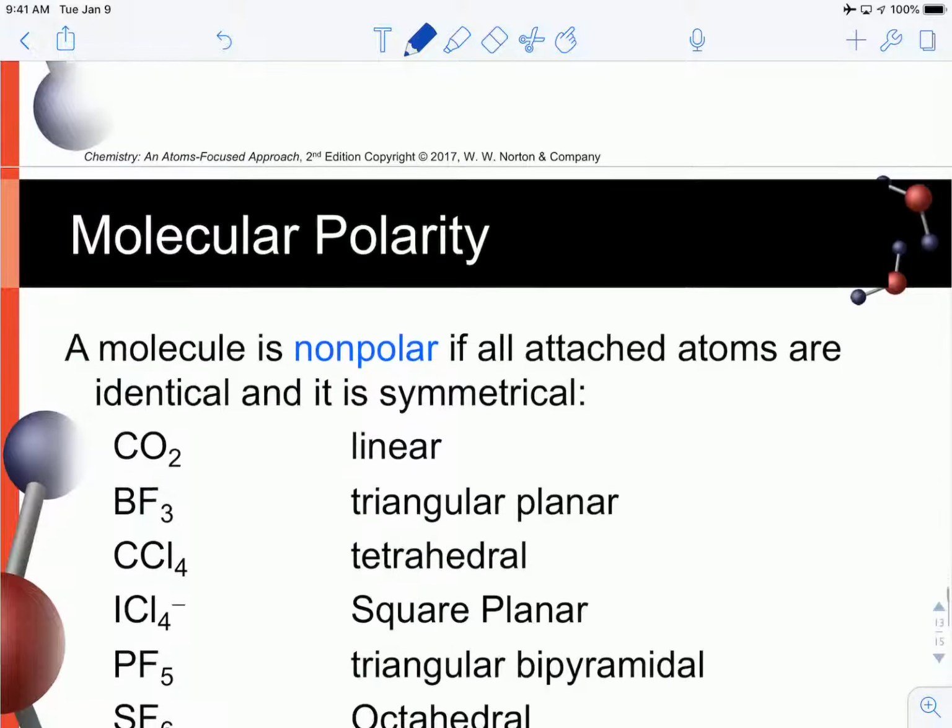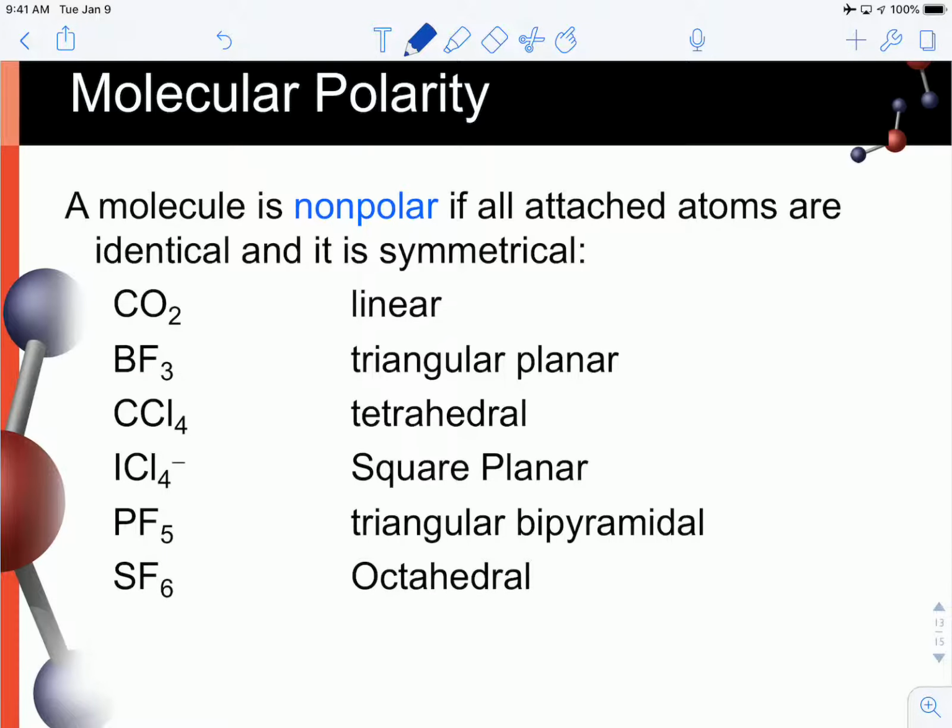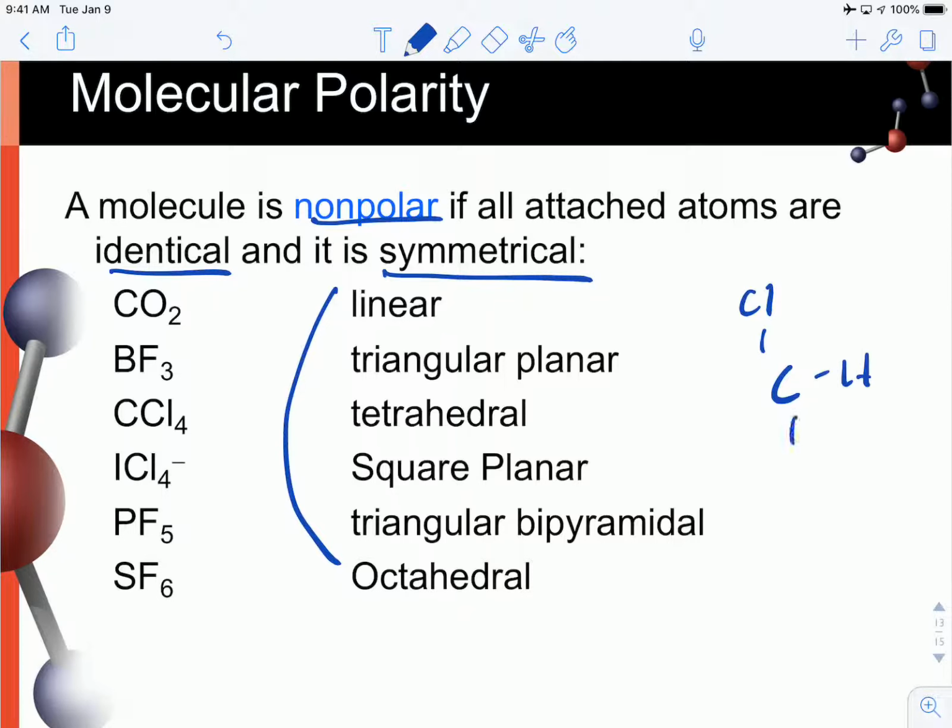And ultimately, I can give you a list of shapes that are symmetrical. So if all the attached atoms are identical and it has one of these shapes, it is nonpolar because these are symmetrical. However, let's take this one. This is polar because it's no longer carbon tetrachloride.